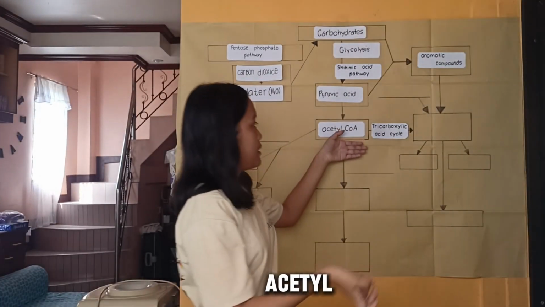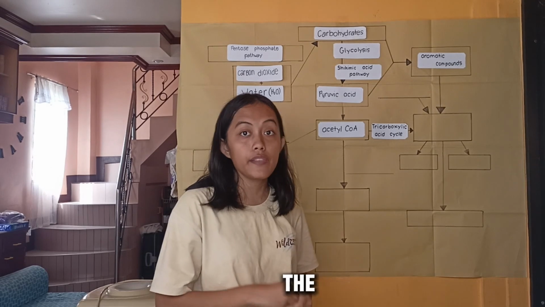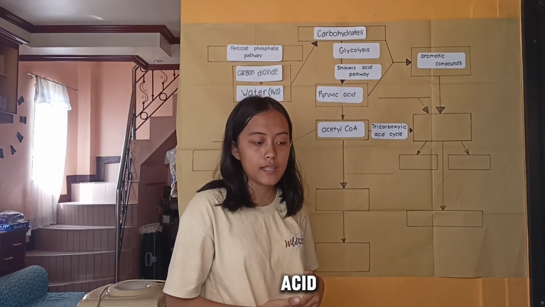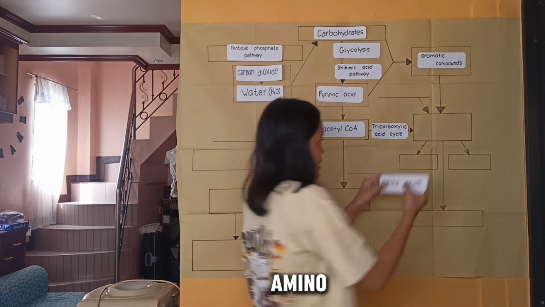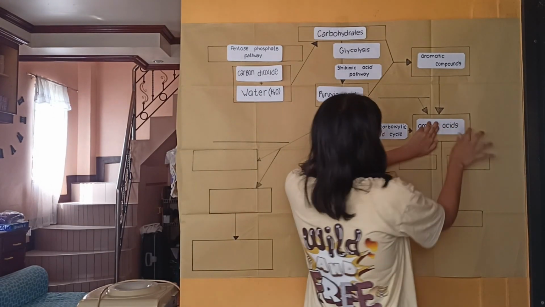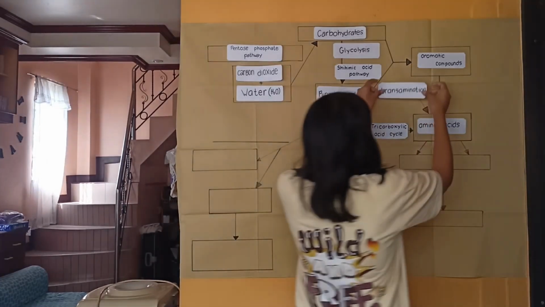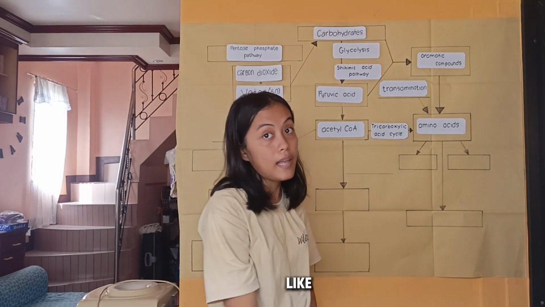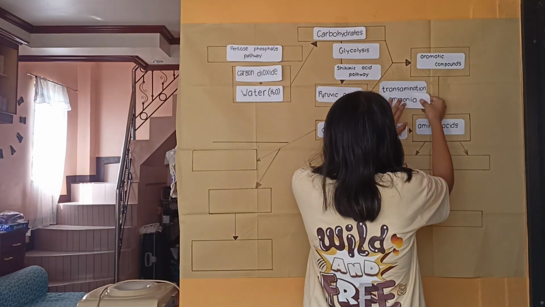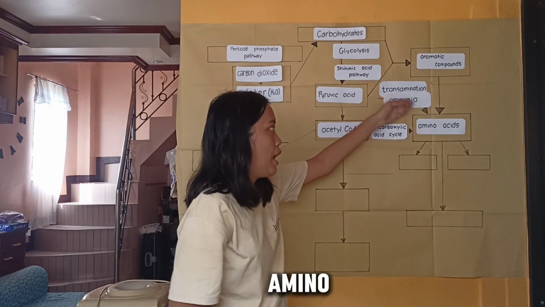The intermediates of the tricarboxylic acid cycle lead to amino acid synthesis. This arrow represents transamination reactions, wherein intermediates like ammonia are converted into amino acids.